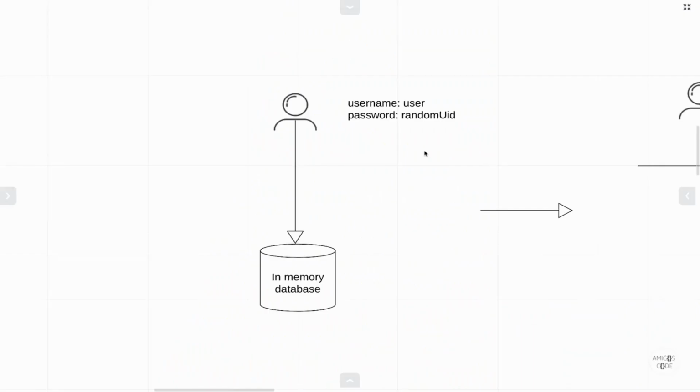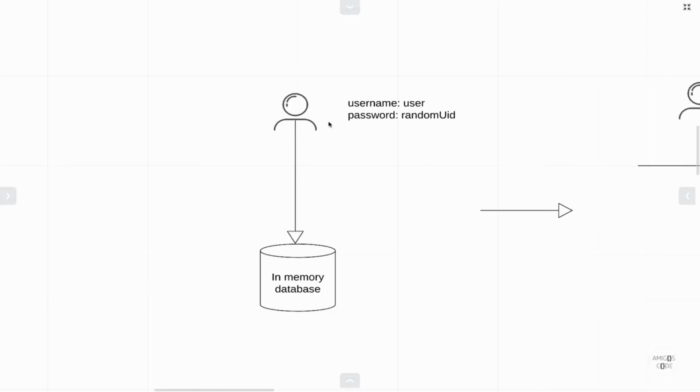In this section, let's go ahead and learn about users. So currently, when we start our backend, Spring Boot Security gives us a default user, which the username is user, and then the password is this random user. And this user right here, it's stored inside of an in-memory database.